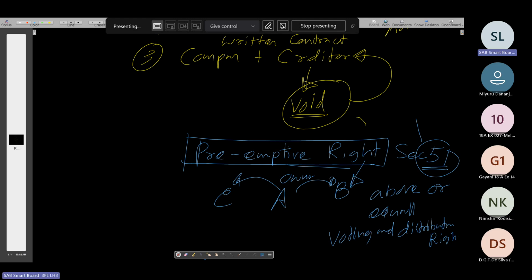Repurchase, right? Now here, acquisition, repurchase of shares, section 63, repurchase, right? Acquisition, buyback, all are the same, right? Repurchase means repurchase of irredeemable or ordinary shares.